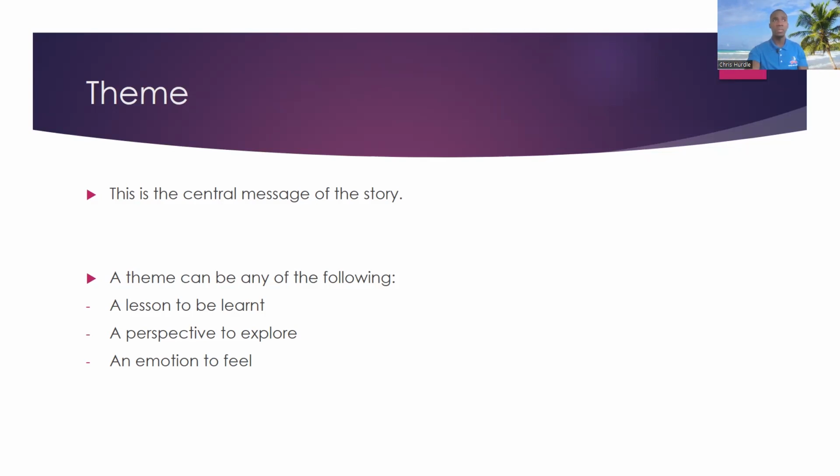Because the theme is what the reader is going to gather from reading the story. Of course, the author would have in mind the message that he or she wants to be obtained from the particular story.